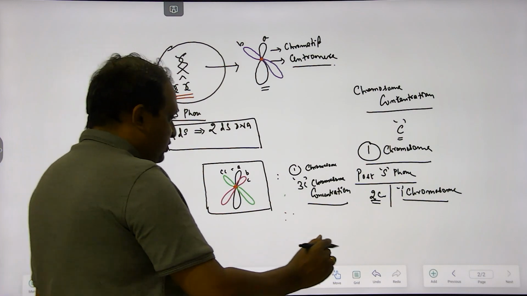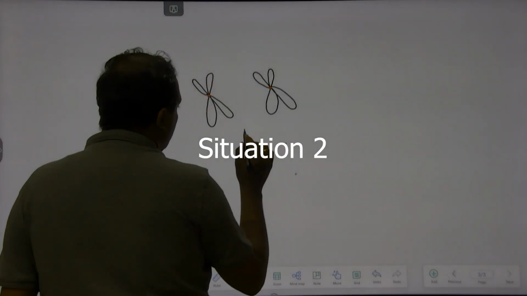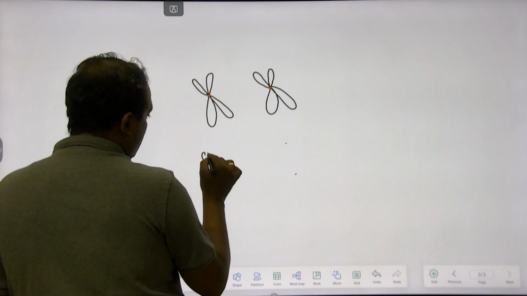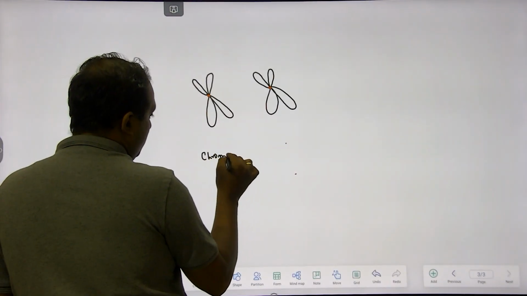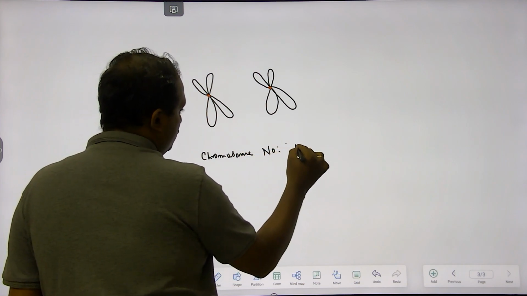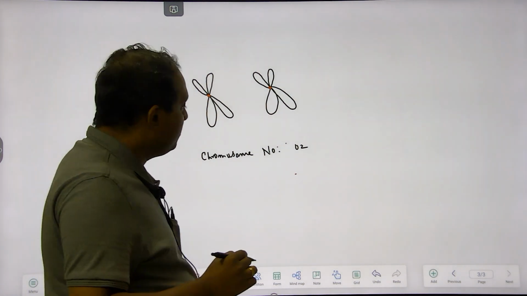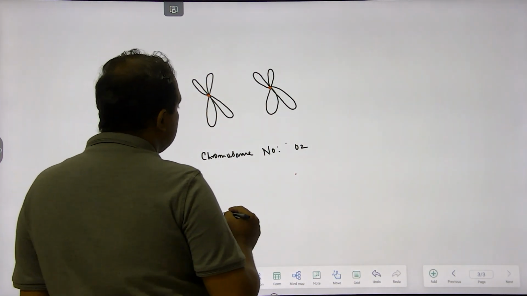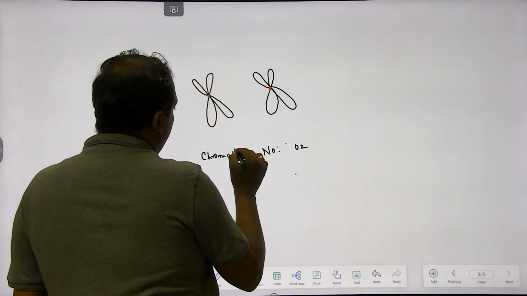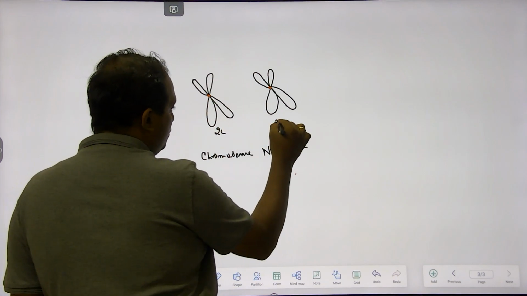And let's take one more situation. We have two different chromosomes. See, the chromosome number is going to be 2 because you have two different centromeres. Okay, chromosome concentration: initially it was C, now this is 2C, this is 2C.